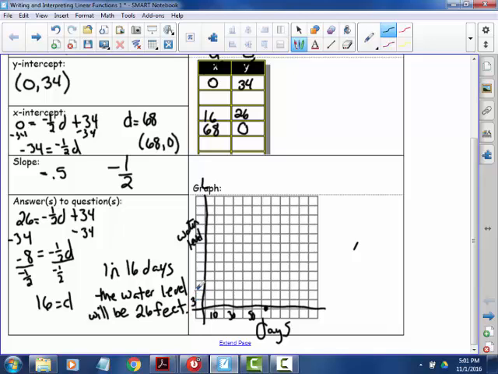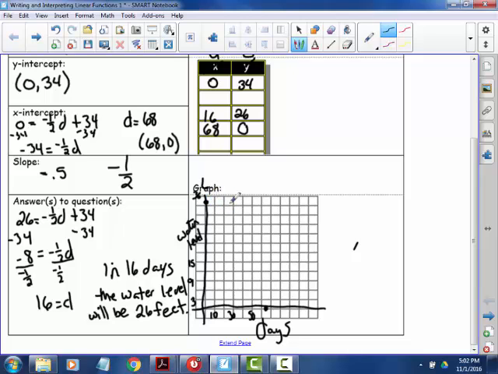So 3, 6, 9, 12, 15, 18, 21, 24, 27, 30, 33, this would be 36, so 34 would be just about there.